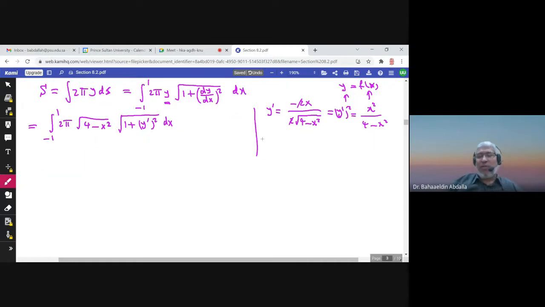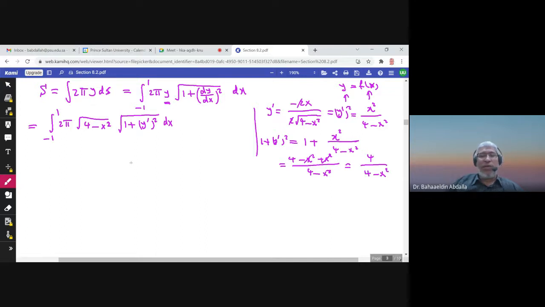Now 1 plus y prime squared, similar to what we did in section 8.1, we are just evaluating the arc length. So it's 1 plus x squared over 4 minus x squared. To add these two terms, we have 4 minus x squared plus x squared. The x squared cancels with x squared, and the sum would be this.